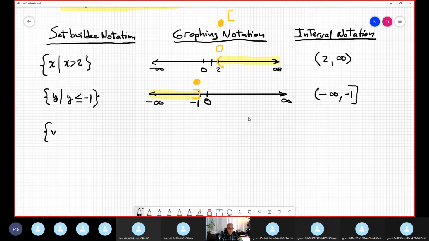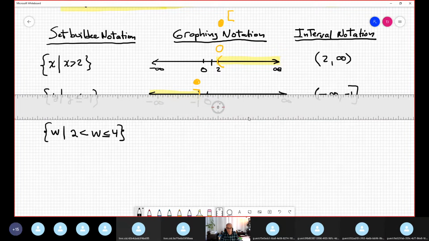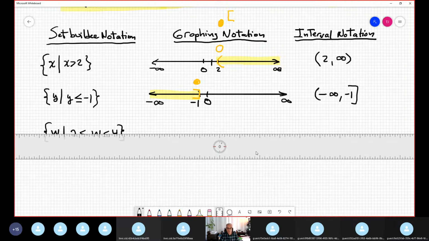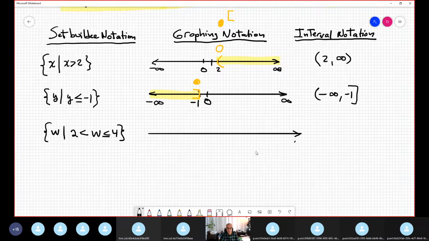W, another variable, such that W is in between 2 and 4. Infinity positive, infinity negative. 0 here, 1, 2, 3, 4.